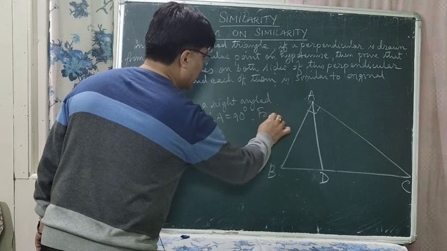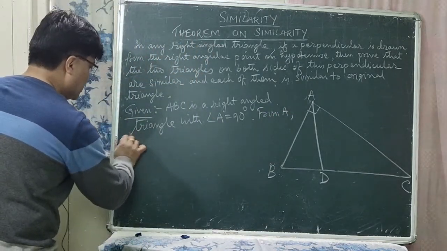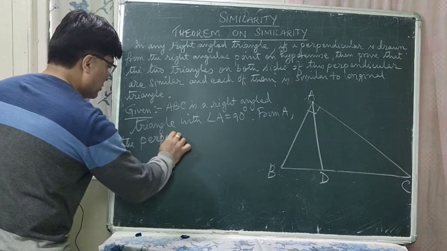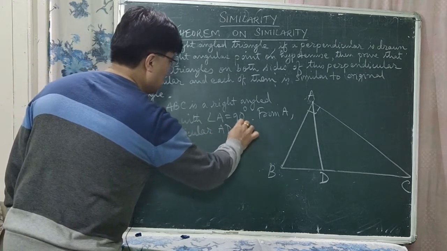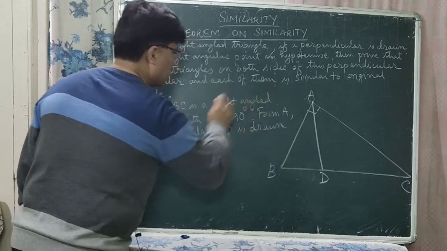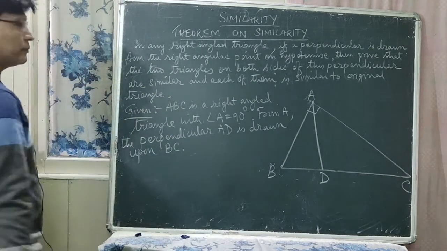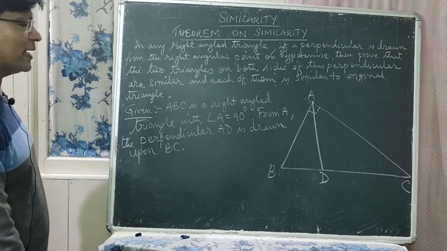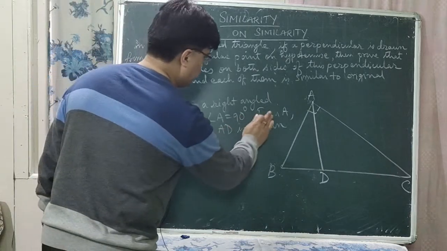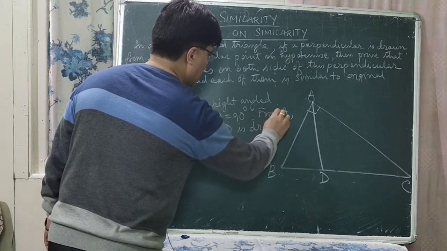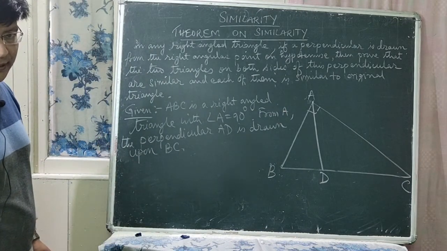Now from A, the perpendicular AD is drawn upon BC. So ABC is a right angled triangle with angle A equal to 90 degree, and from A, the perpendicular AD is drawn upon BC, right?